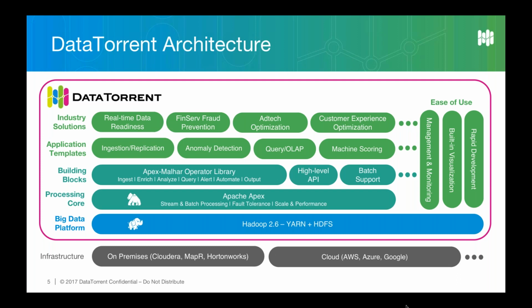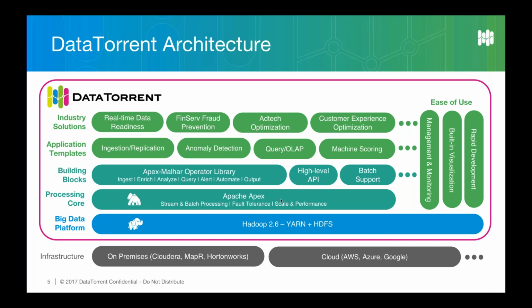The DataTorrent platform runs on top of Hadoop. Typically the customer deploys his own Hadoop cluster, and we support all the major Hadoop distros, including MapR, Cloudera, and Hortonworks. That is the blue box. On top of Hadoop, we have the Apache Apex core engine.